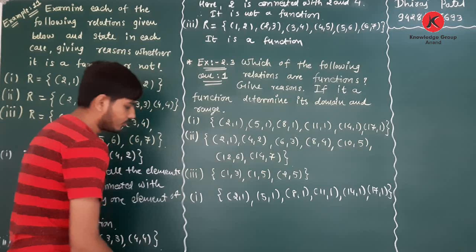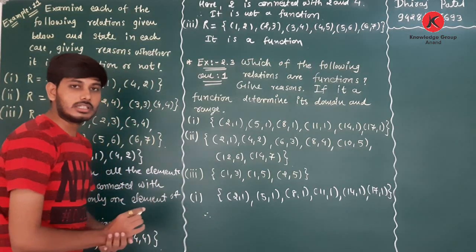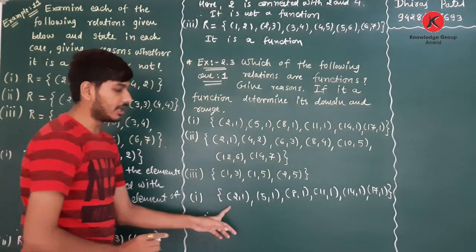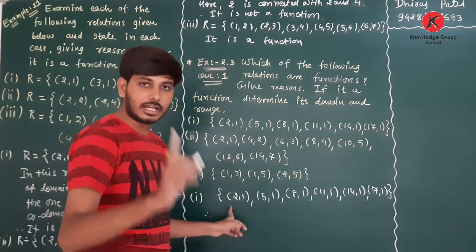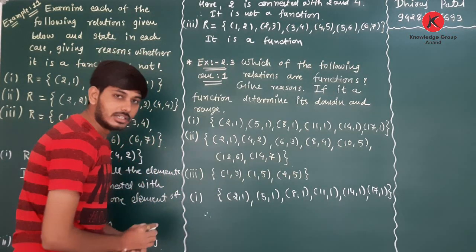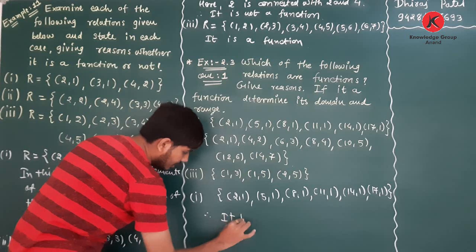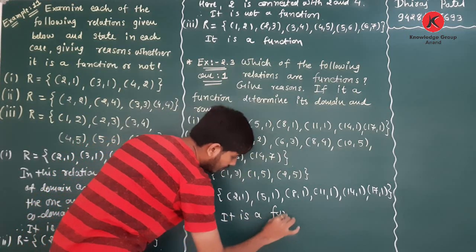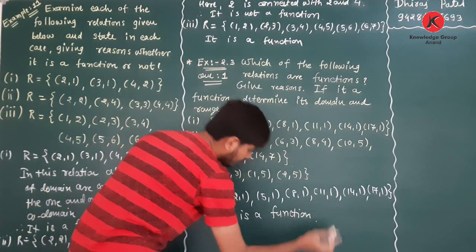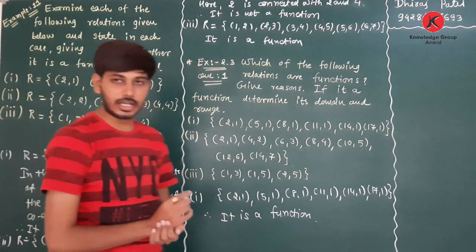Therefore we can say that all the elements of the domain are connected with one and only one element of the codomain. This is the reason, and we can say that it is a function. You have to write down the reason yourself. Clear?